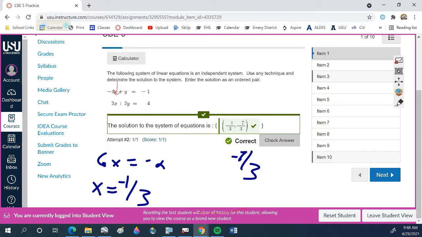Why didn't I put parentheses on the last one? It was not an ordered pair. They were both x's. So the last one was a set of solutions to a quadratic equation. This one is an x and a y, which is why we need the parentheses.